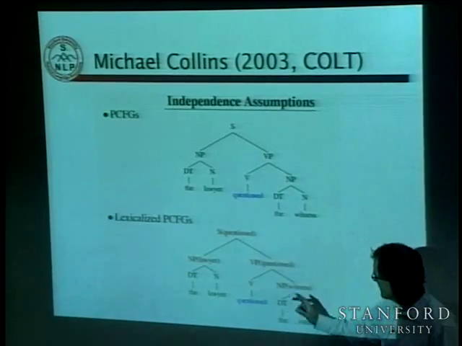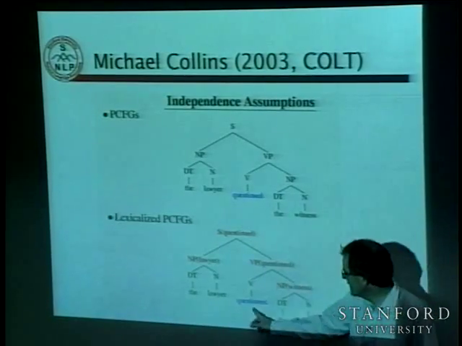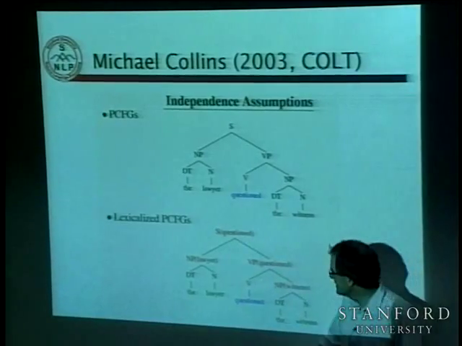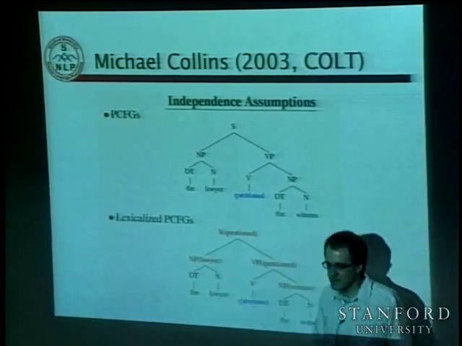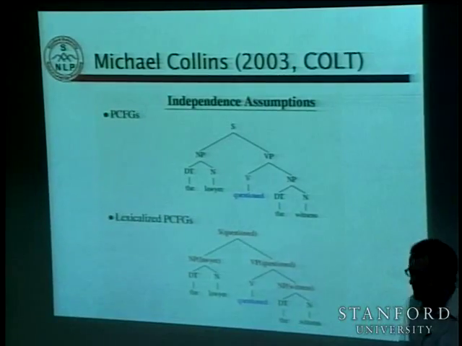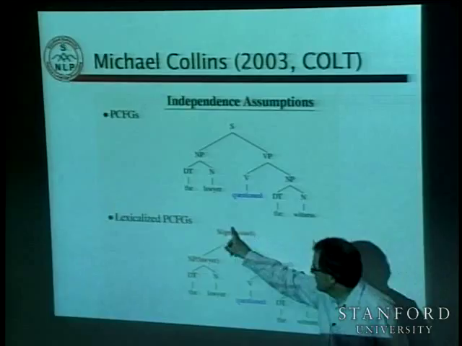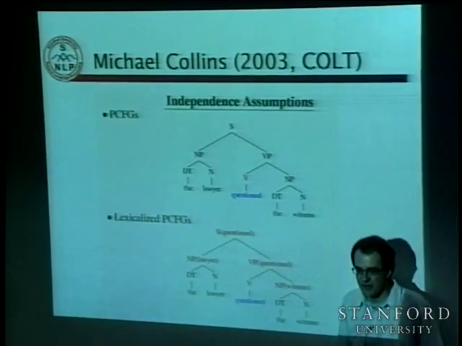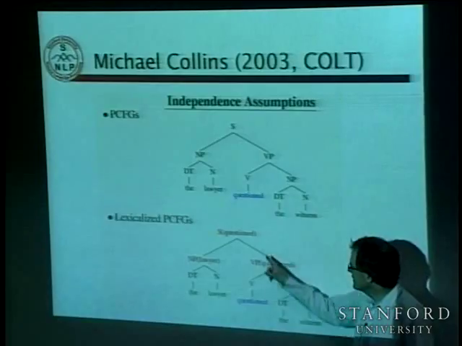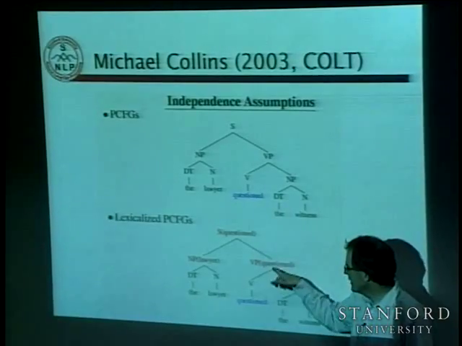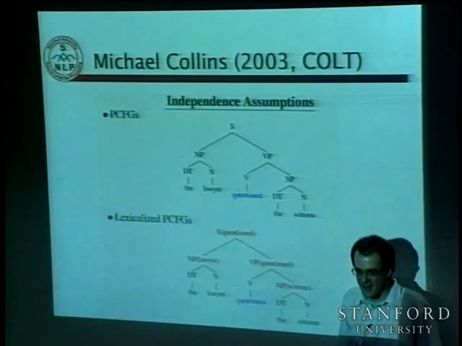So witness goes up to the noun phrase, questioned goes up from the verb to the verb phrase to the sentence, and lawyer goes up to this noun phrase. If you percolate head words up in that fashion, you then have rewrite rules that aren't only about categories, but are also about words. So here we have S-questioned rewrites as noun phrase-lawyer, verb phrase-questioned.